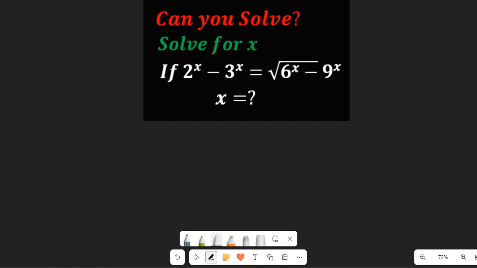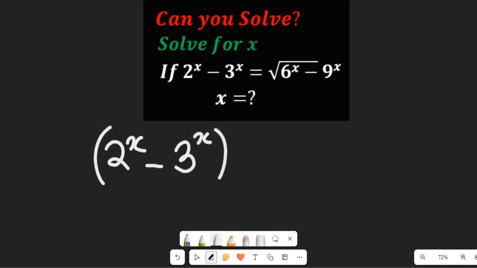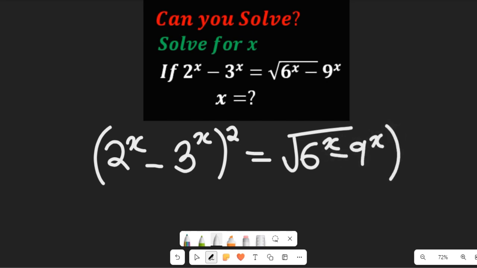So if we take the square of both sides, we are going to have 2 to the power of x minus 3 to the power of x all squared, right? And that will be equal to the square root of 6 to the power of x minus 9 to the power of x all squared.